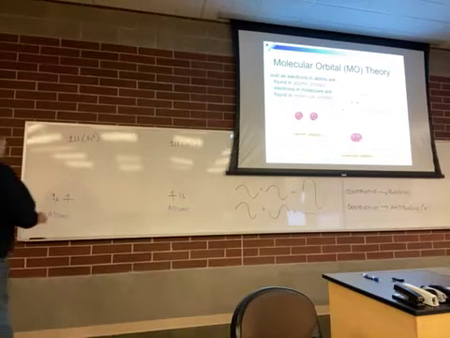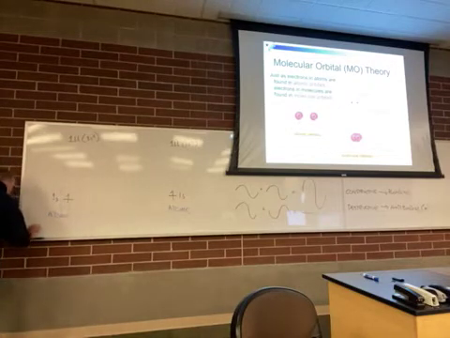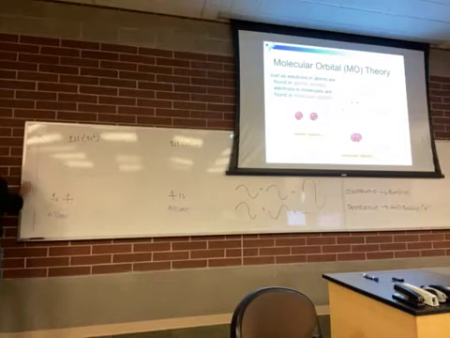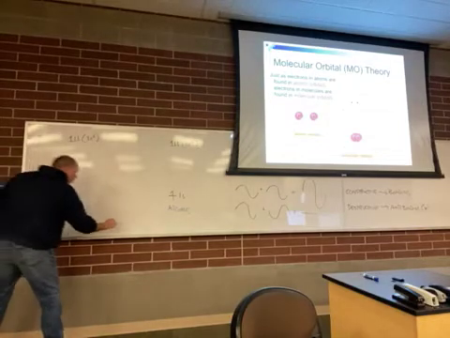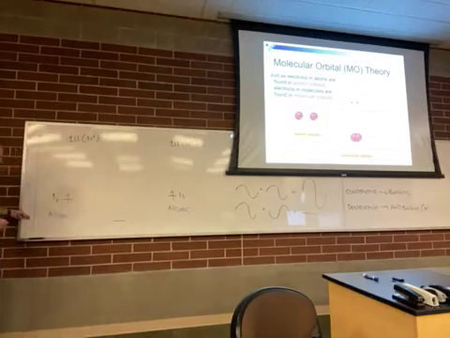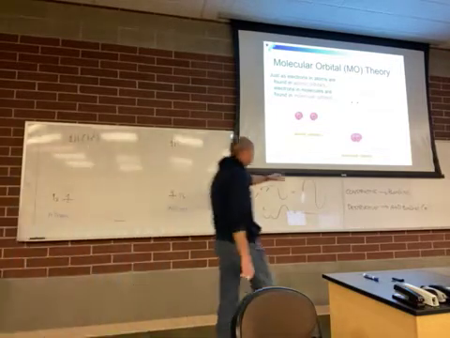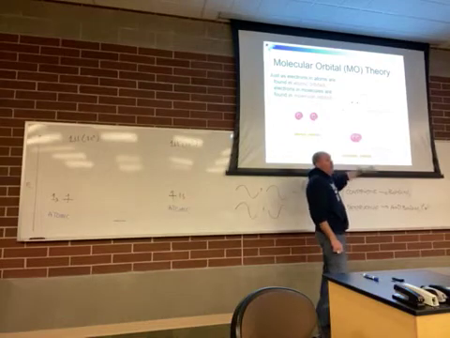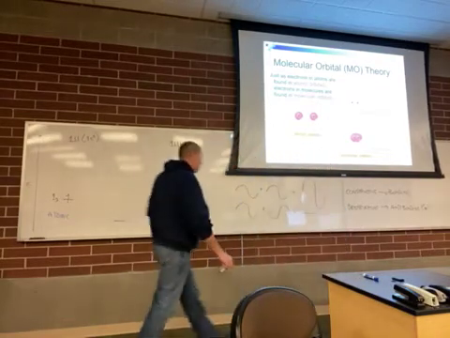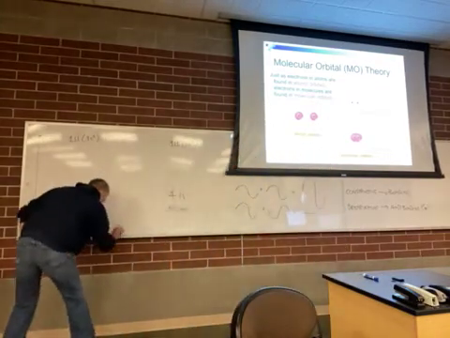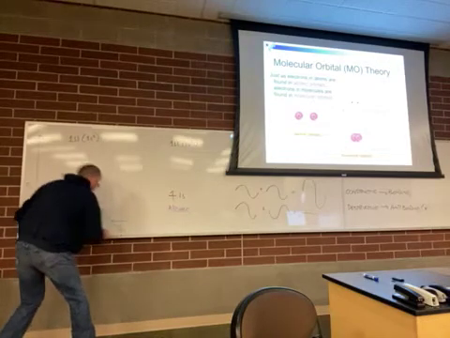One, and this is all energy, just like we've always done. This is energy. Energy increasing. One is constructive. It likes the other one. So we put that lower in energy. Okay? And you can see that up there. This now becomes the sigma 1s bonding orbital. This is sigma 1s.